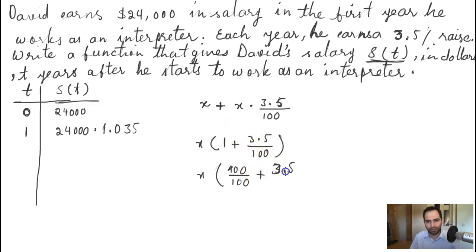3.5 by 100, and then this becomes 103.5 divided by 100. This whole thing becomes 103.5 by 100, and x times this.